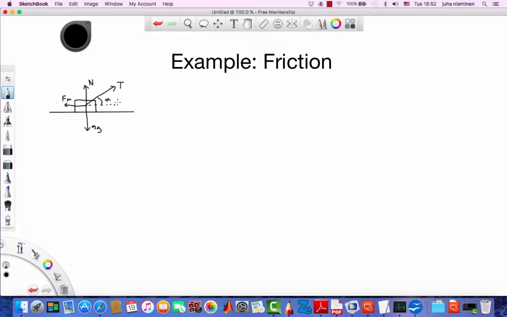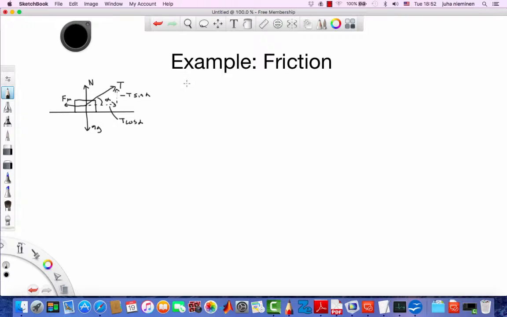So the T can be divided in two components. Here's the vertical one, T times sine alpha, and the horizontal component is T times cosine alpha. So depending on the angle, the value of T required changes, and we would like to find the minimum value.